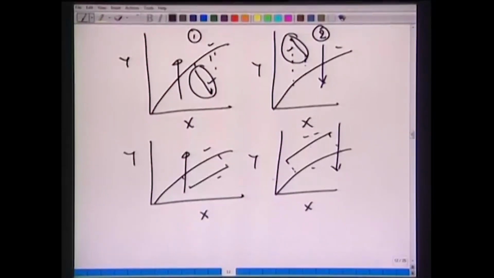In general, as we said, the difference between this and this is much larger. The average driving force from P to Q is much larger here than in the co-current case, which means that if the driving force is large here, the size of the equipment will be much smaller for counter current than for co-current.